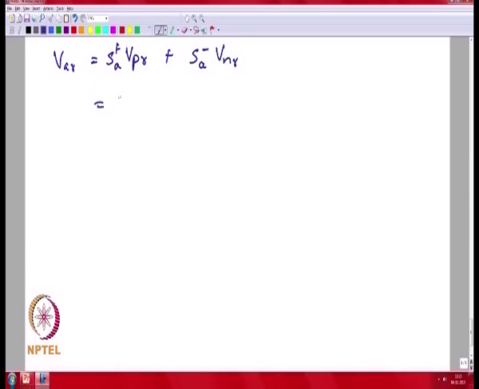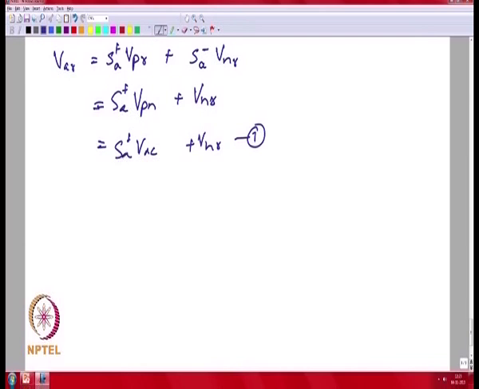So we get this to be equal to SA plus Vpn plus VNR, where Vpn is our VDC. So we have a simplified model for our DC output voltage. This is the switching function description of our leg A.